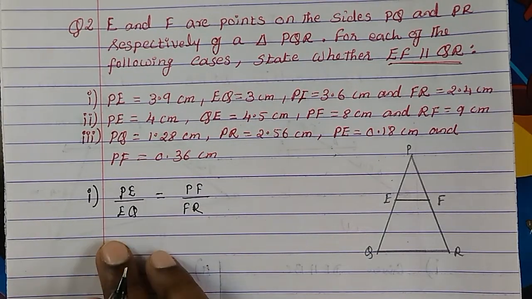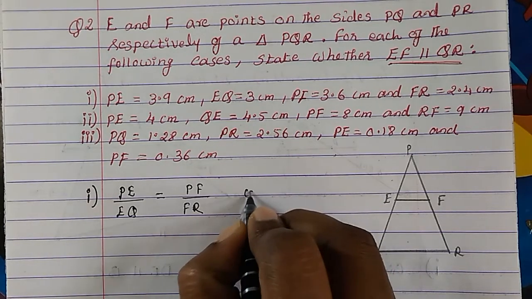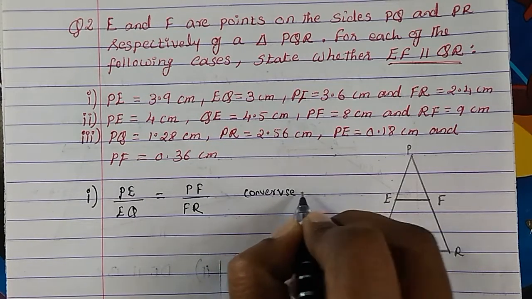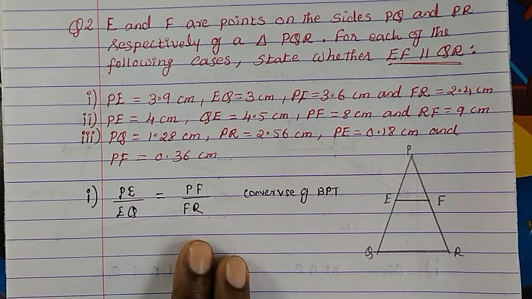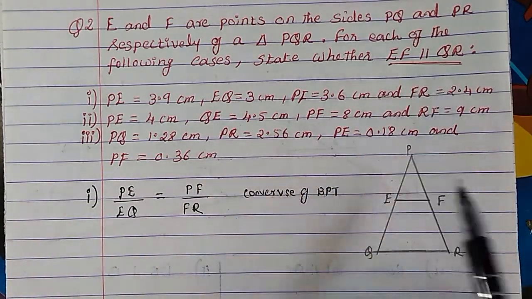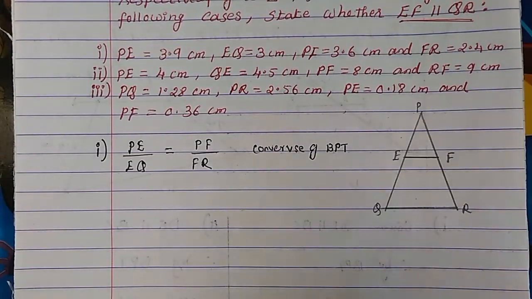Okay, this is what? Converse of basic proportionality theorem. This is the converse BPT. So if this proves that they are equal, then we can say this EF is parallel to QR. So let's put the values here.